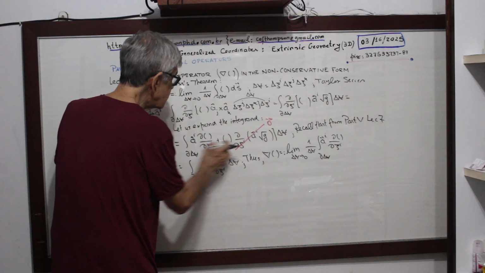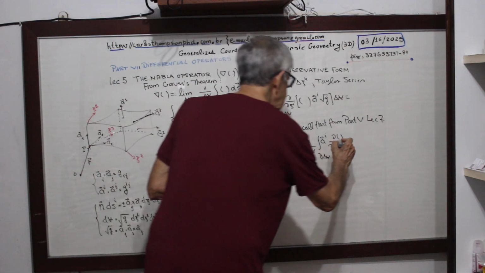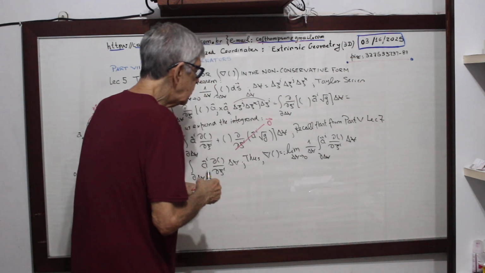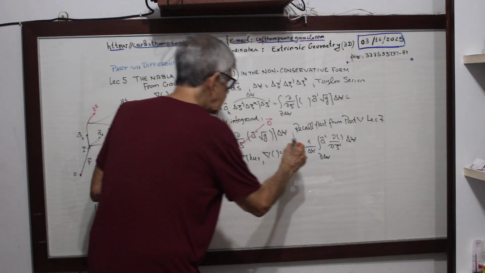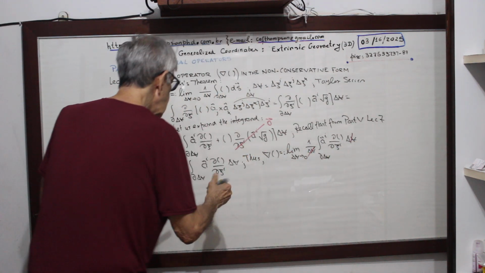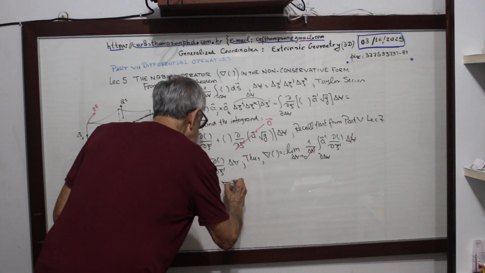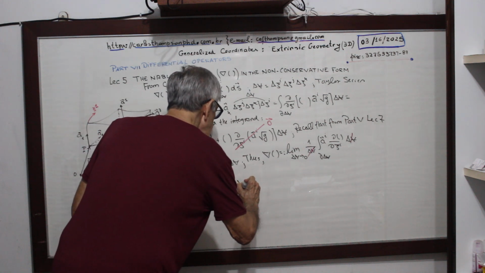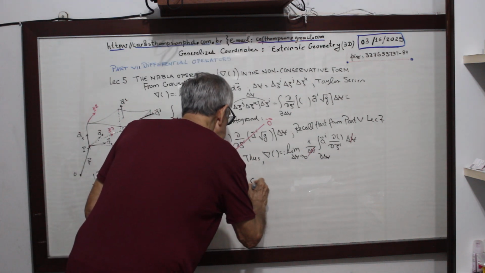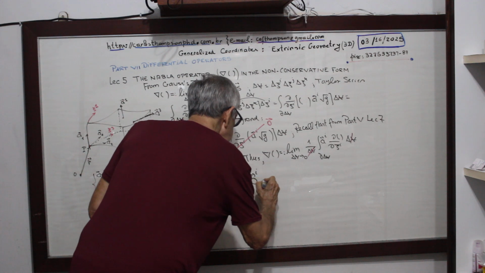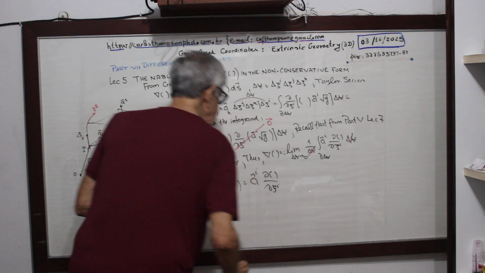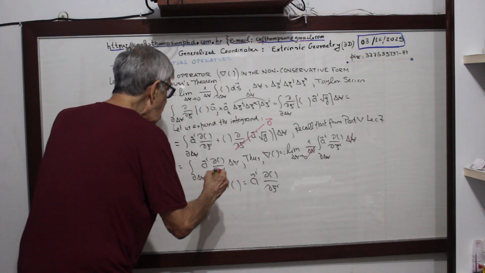Don't forget, this is multiplied by delta V, then delta V again. I can cancel over here. So this operator is equal, in this case, to a^i partial Ci.